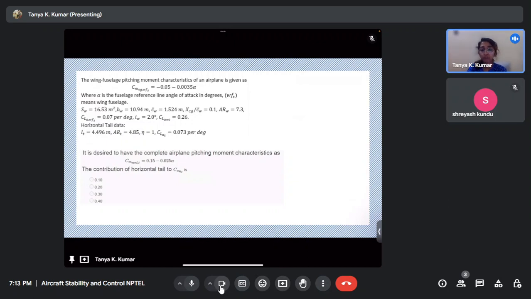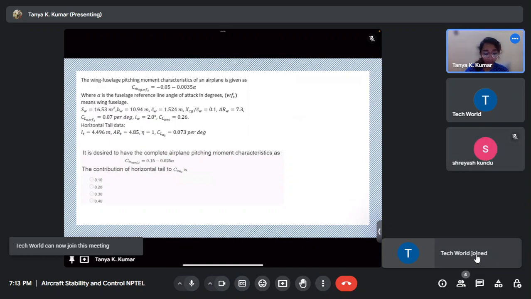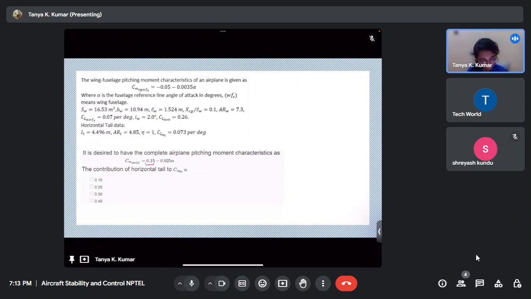What is the contribution of the horizontal tail towards Cm naught tail? That's what they asked. So you have this Cm naught and this Cm alpha. They've asked what is the contribution of just the tail towards these pitching moment characteristics. Just take a minute and try doing it. This is also fairly simple.